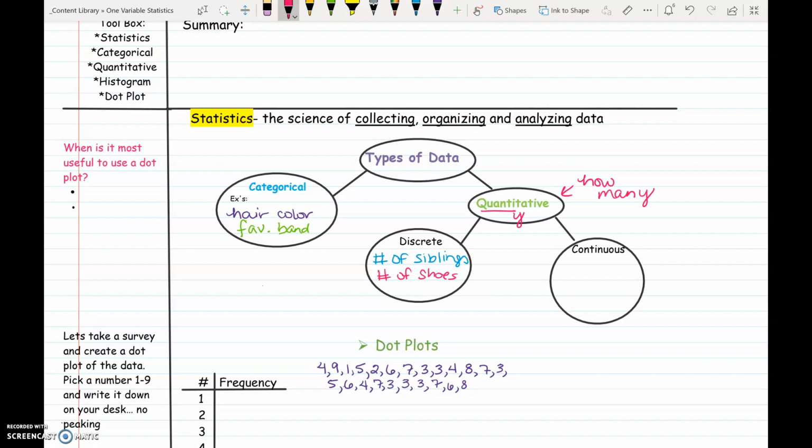Now, continuous data. Continuous data is measurable. So think about things that we can measure. What are some things that we can measure? Distance. We can measure things in weight.